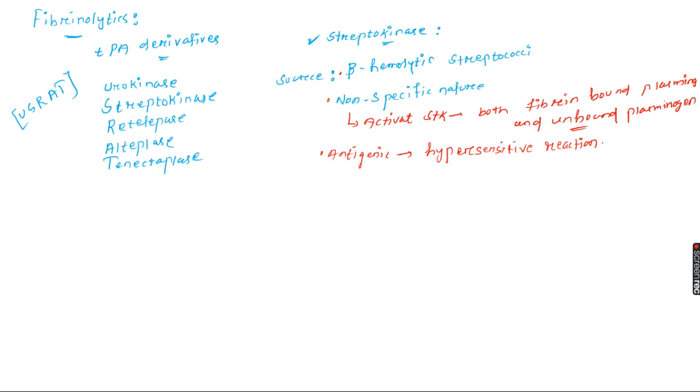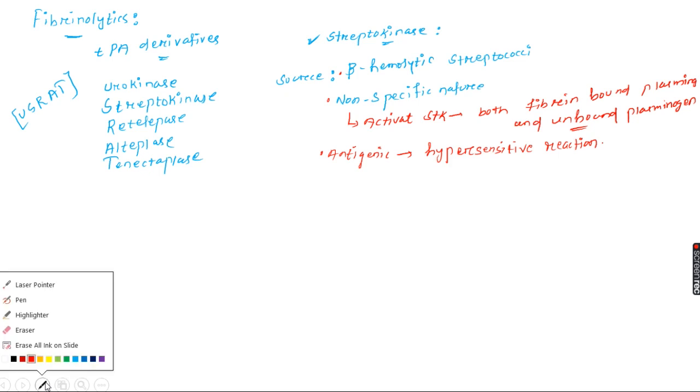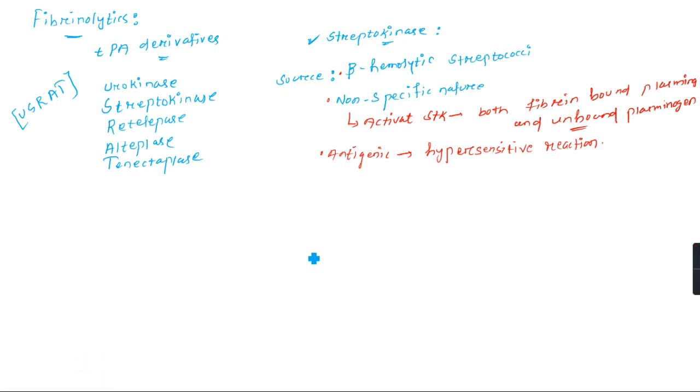Then the next drug is urokinase. Urokinase is basically an enzyme isolated from human urine.